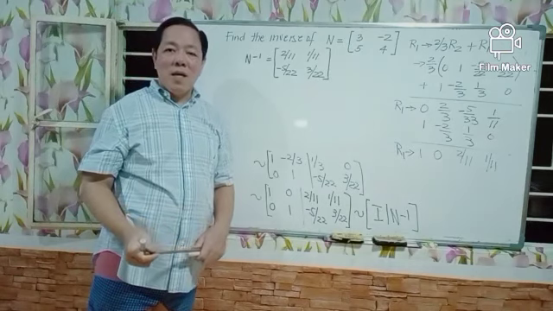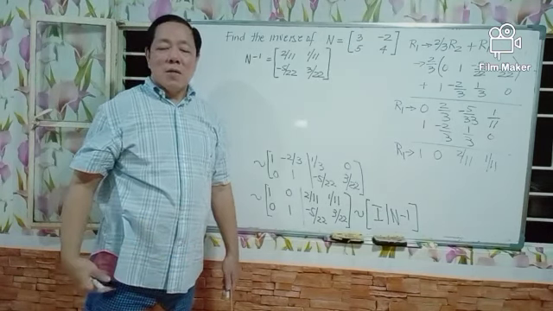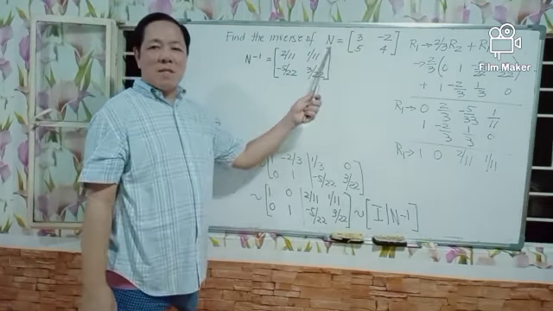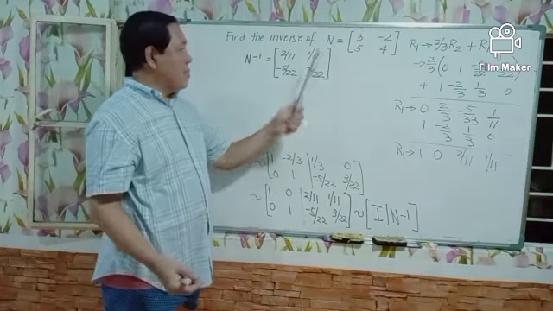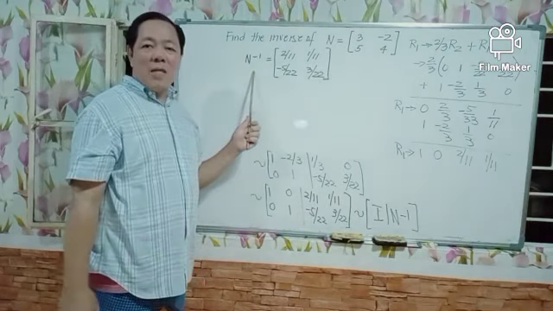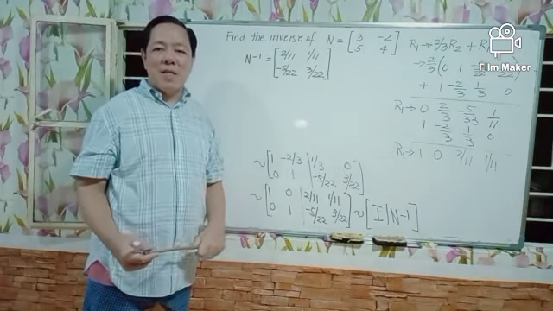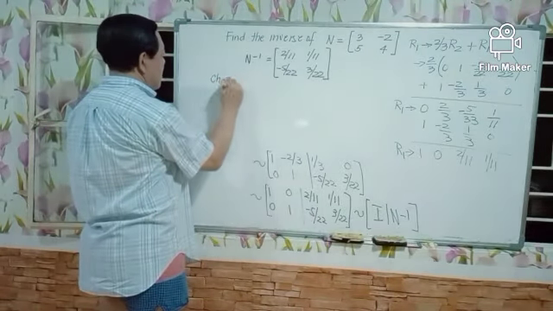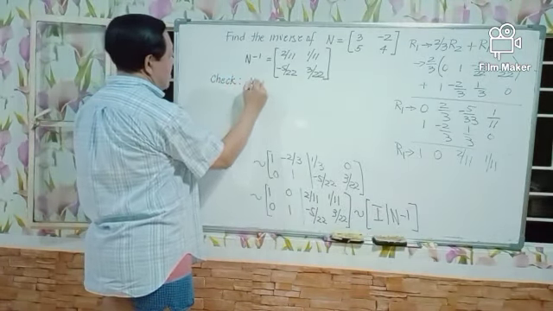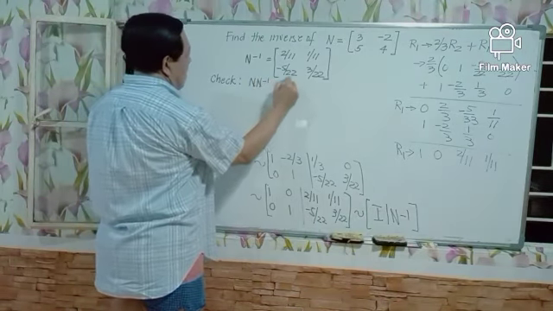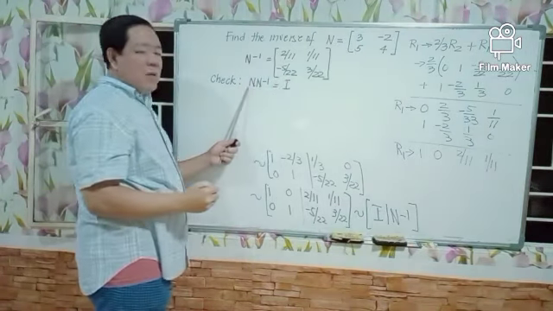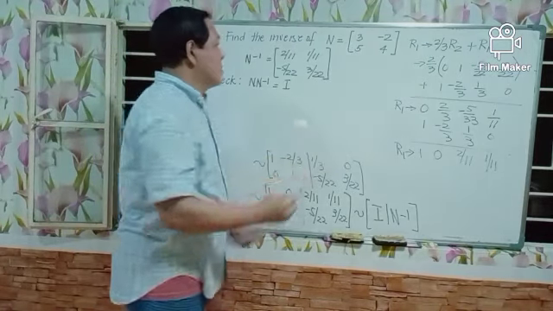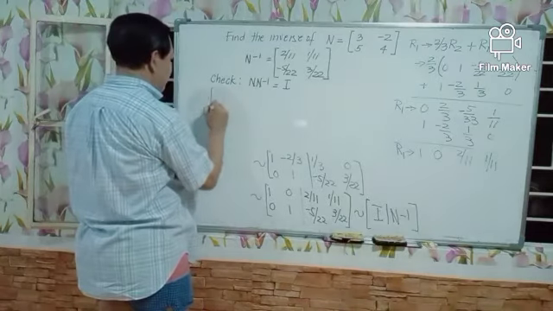And we now check if this is a correct inverse matrix of the given matrix n. We multiply the given matrix n by n to the minus 1 and we should get an identity matrix. The given matrix n has these entries 3, negative 2, 5, and 4.